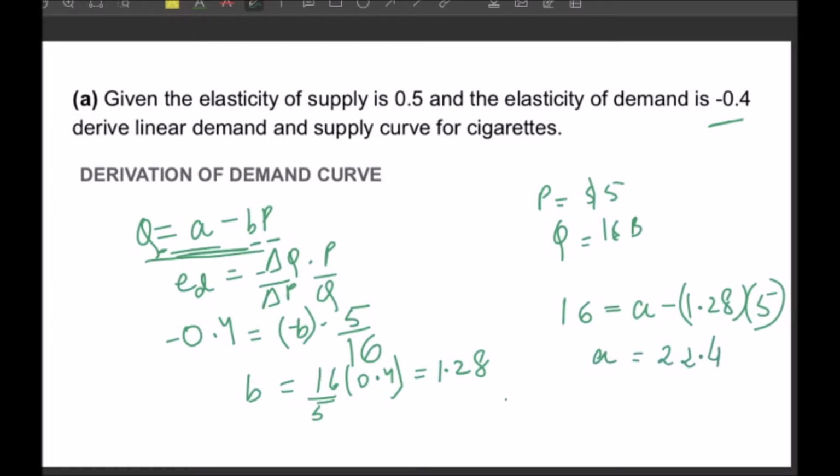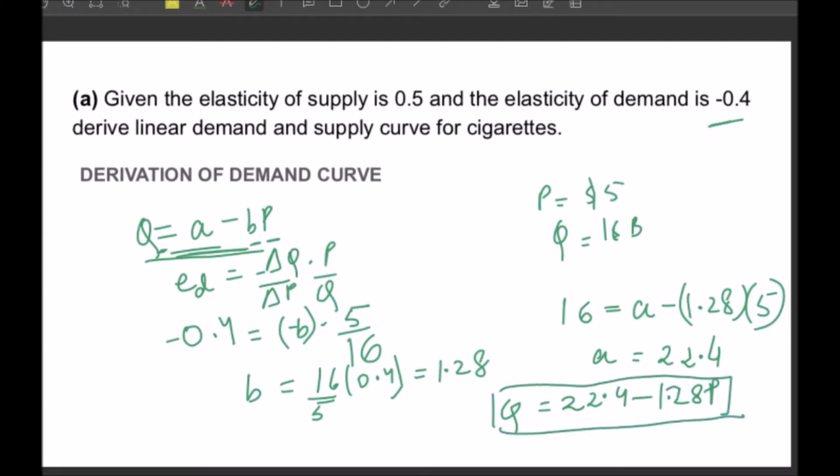So hence our demand equation is Q is equal to 22.4 minus 1.28 into P. This is our demand curve equation that we have derived.